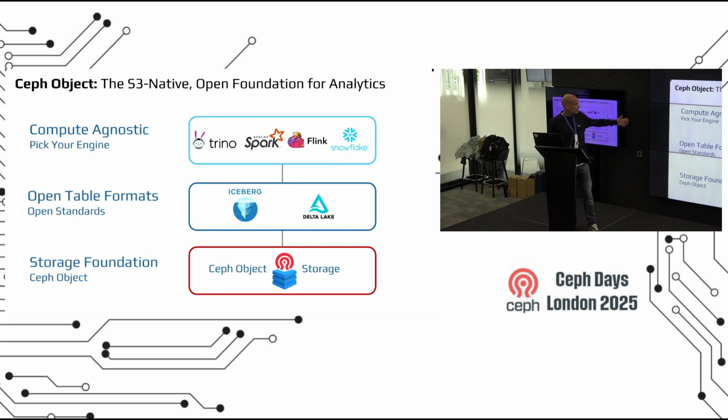Here I just wanted to provide, at a very high level, the architecture of a lakehouse. At the top, at the highest layer, we have our compute engines. Here are just listed some of them as an example, but we want to be compute agnostic, because there are more and more engines appearing every day.